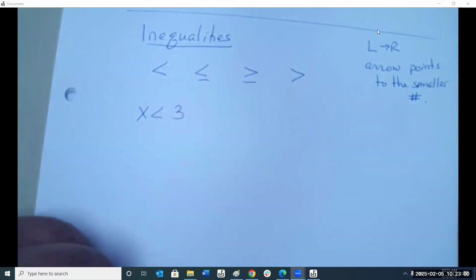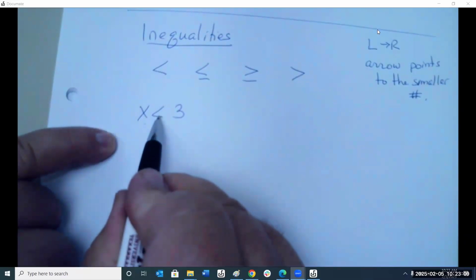So what would that represent? What does that mean? How would you read that? X is less than 3.